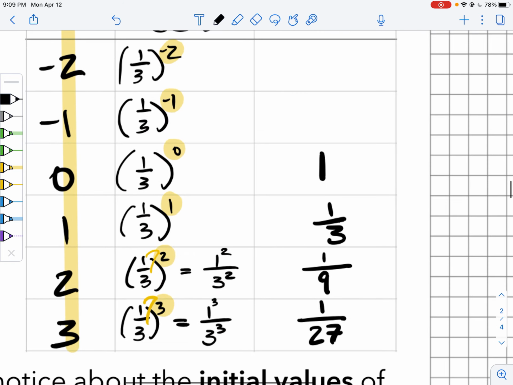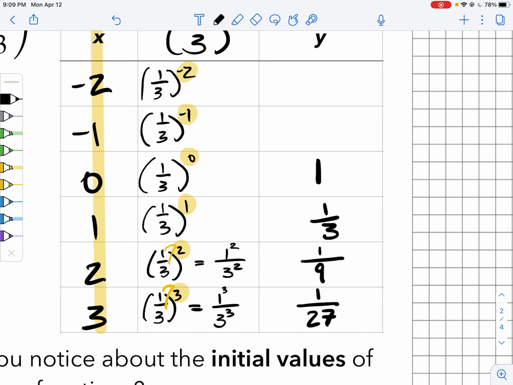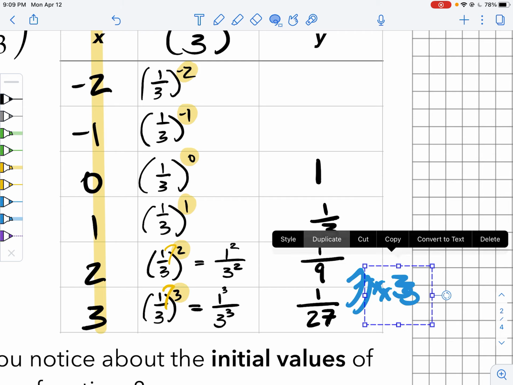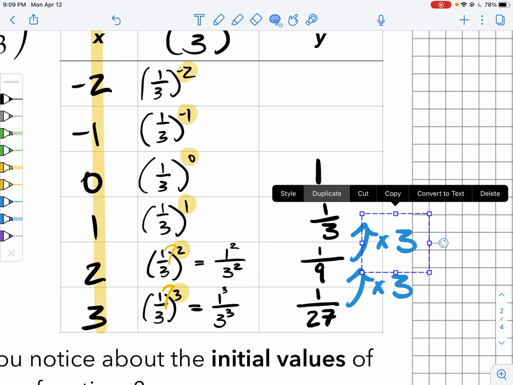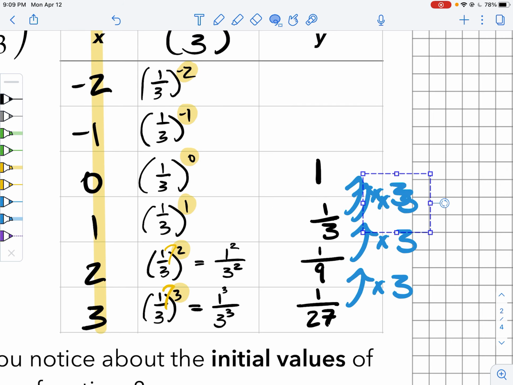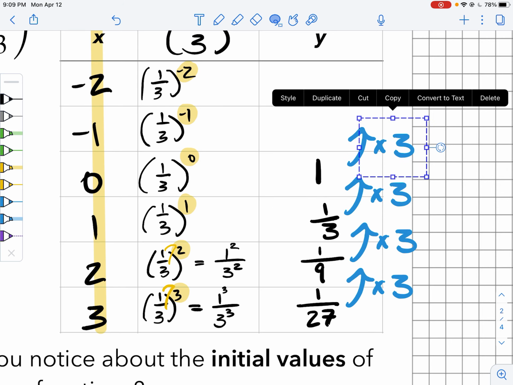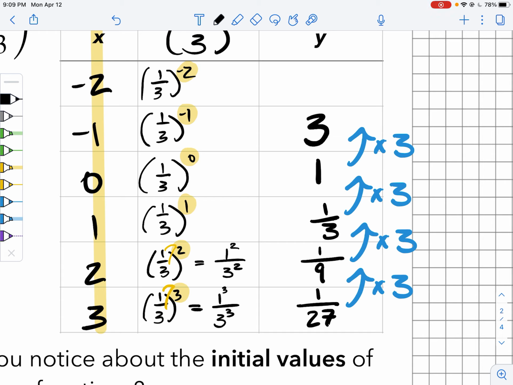Crazy. Right? If you notice, we are multiplying by 3 every time. That's our pattern. If you want to keep doing this pattern, up, up, up, it will work. I promise. These come out to be 3 and 9. And notice, it's not -3.